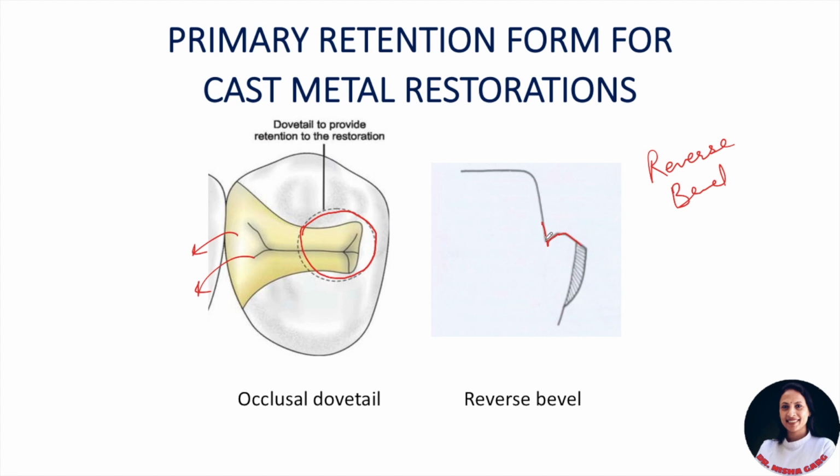You can see it in this image. This bevel prevents the tipping movement of the cast metal restoration and prevents its proximal displacement. Thus, it increases the retention of the cast metal restoration.